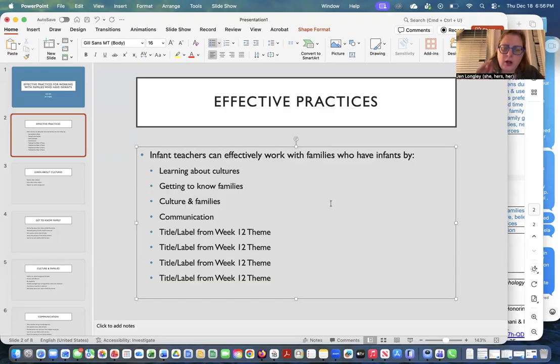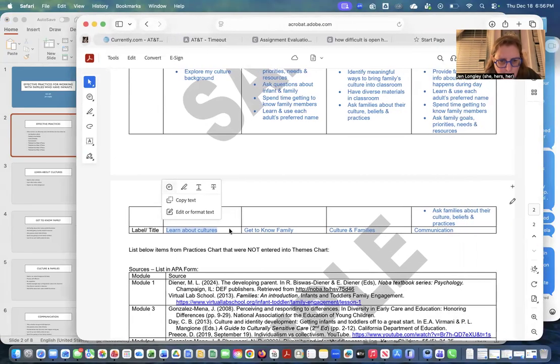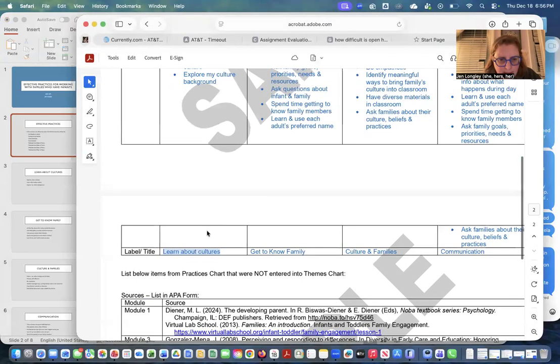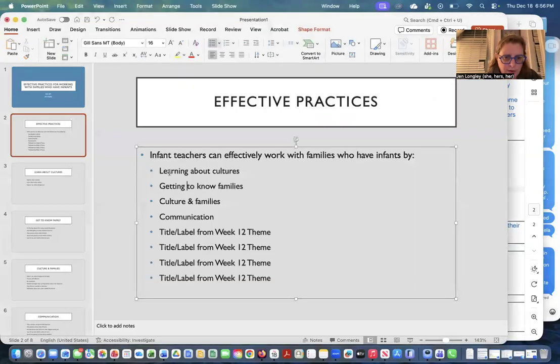I have communication. Where did those words come from? They came from right here in my week 5 chart. I made this a little bigger. Look at this. Learn about cultures. I have it right here. I just changed it to learning about cultures, right?